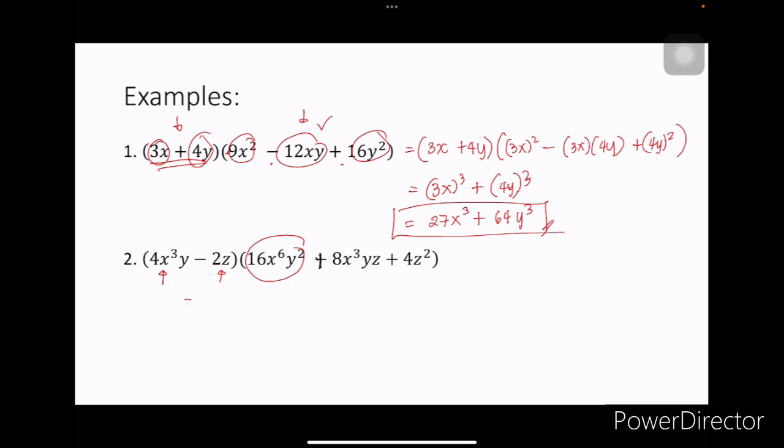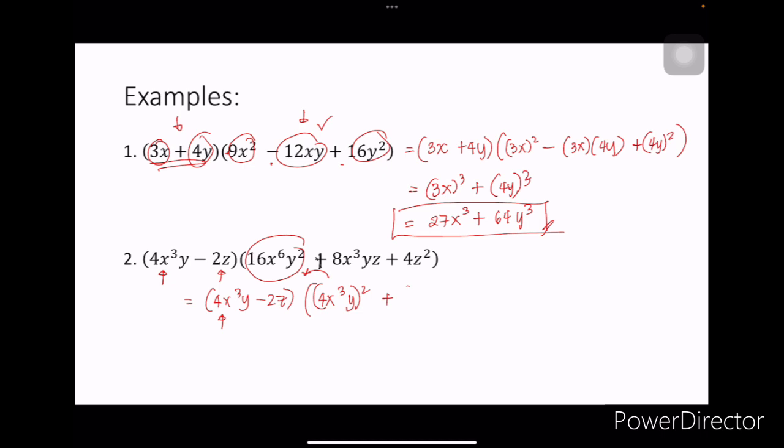So if we cube the first term of our binomial, this is equal to 4x cubed y quantity squared, which is equal to 16x raised to 6 y squared, which is right. Then the middle term for the trinomial should be the product between the first term and the second term in the binomial. Since it's minus, you will have plus. You just simply copy the operation.